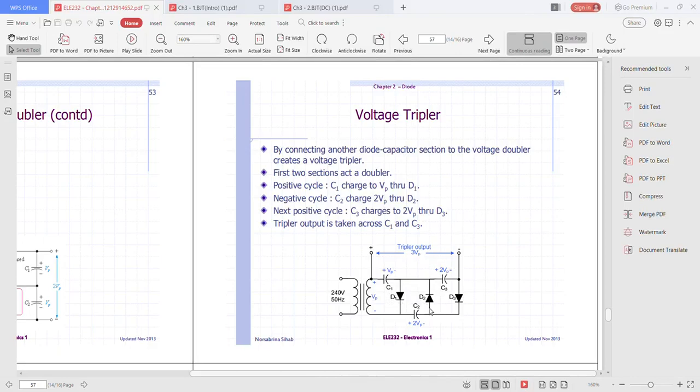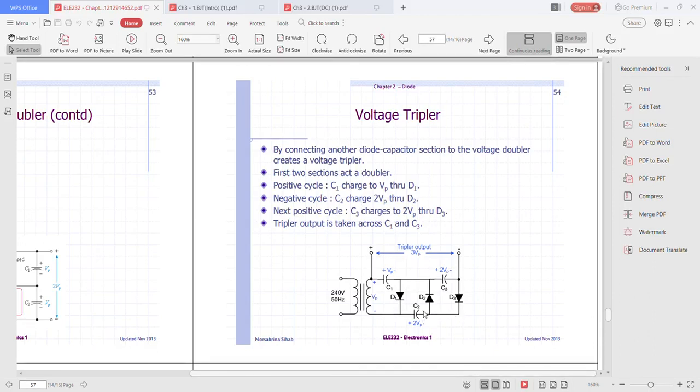So next positive cycle, this C1 already charged, C2 already charged. What will happen here is short circuit, and this will be short circuit too.